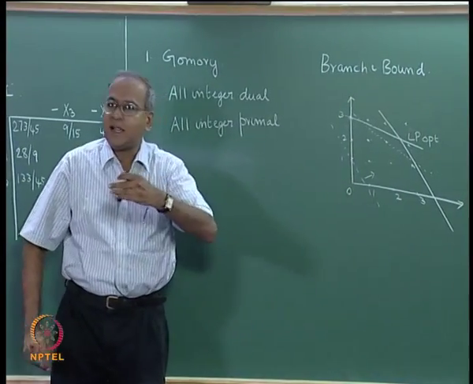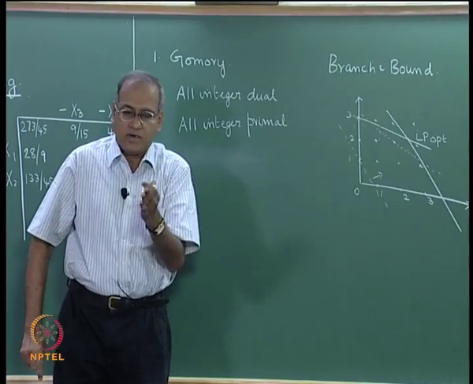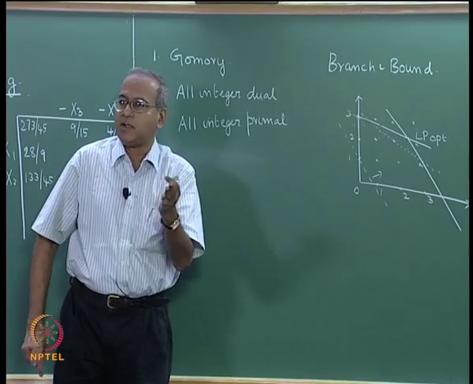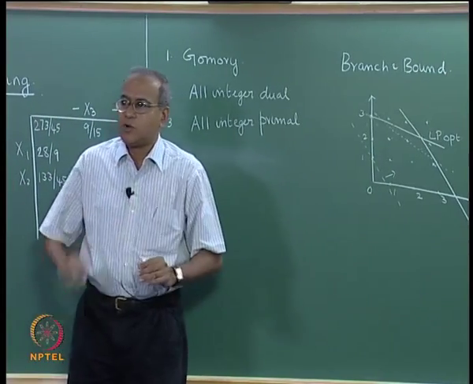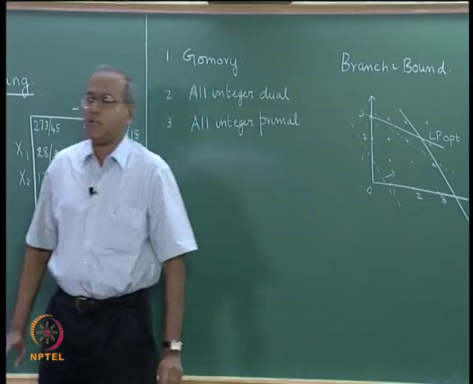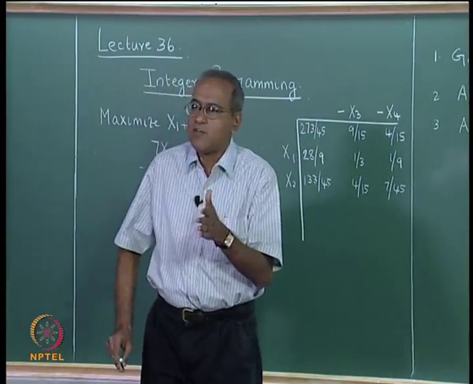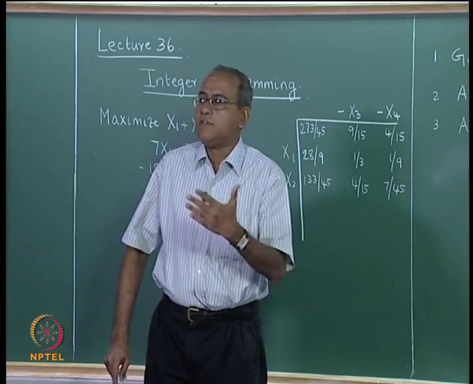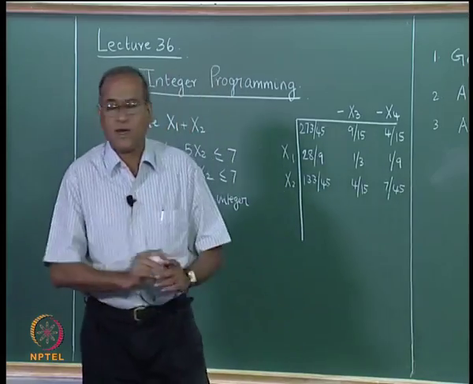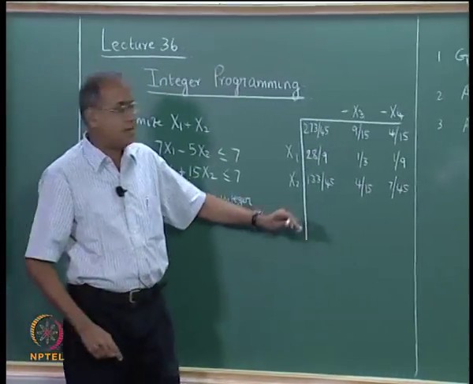So, when we generate a cut, we keep that in mind. One of the rules which we have to follow is to ensure that the cut does not take away any integer feasible point from the feasible region. So, we will keep this in mind, and then we will revisit how we created a Gomory cut from this.